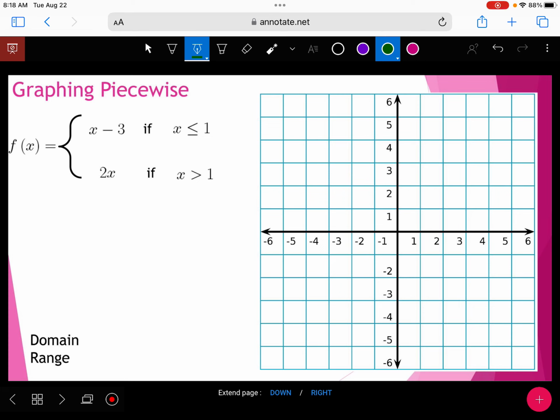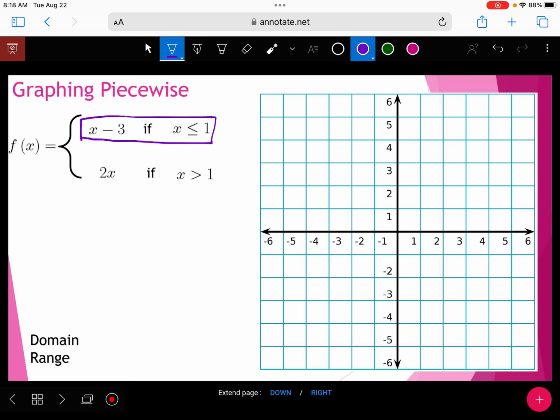So the way we're going to graph these is we're going to take each chunk and graph them individually. y equals x minus 3 if x is less than or equal to 1. I need to make sure we stop when x is less than or equal to 1.